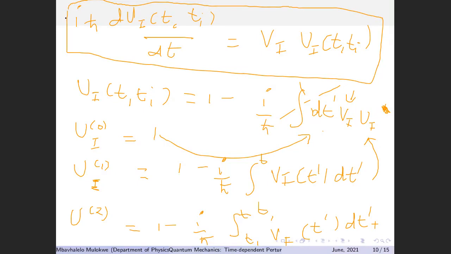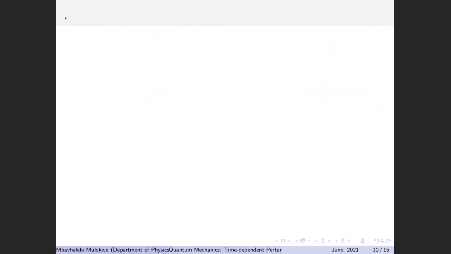So in the end, we were able to find what this operator was, and that was the operator that we needed in order to compute our transition probability. If I summarize, you get U(t, t_i). This we solved by, I think it was Tuesday.